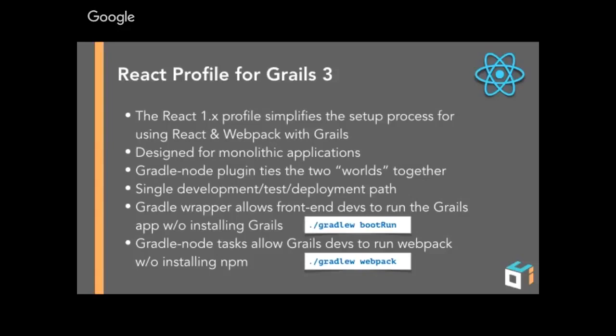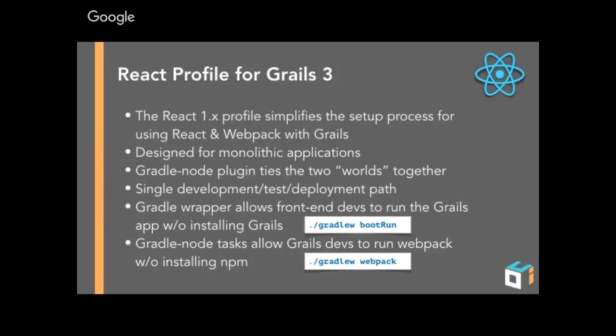There's two versions of the profile. This is designed for a single project, a single application where you want your React code and your Grails application in the same structure. You want to deploy it in a WAR file all together. We use the Gradle node plugin. Again, Grails 3 is based on Gradle. There's a node plugin for Gradle. It is very powerful.